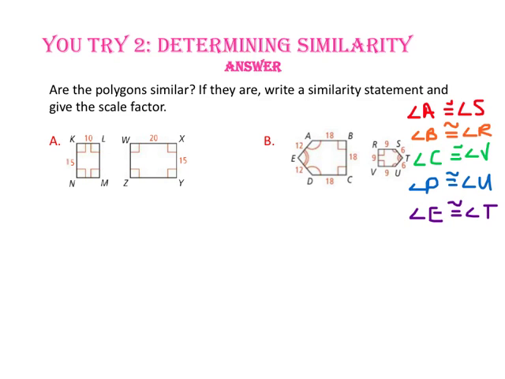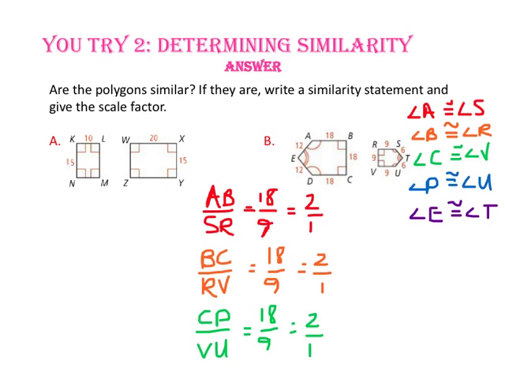Now let's compare the ratios of corresponding sides. Let's start with side AB to side SR. This will give us the ratio of 18:9, which when simplified is 2:1. Since side BC and CD are also 18, and side RV and VU are also 9, those ratios will be 2 to 1 as well.